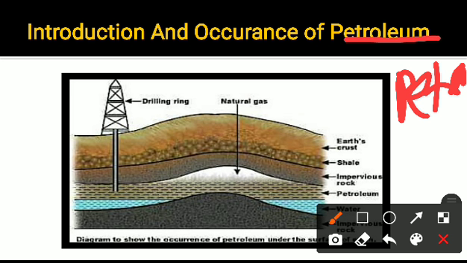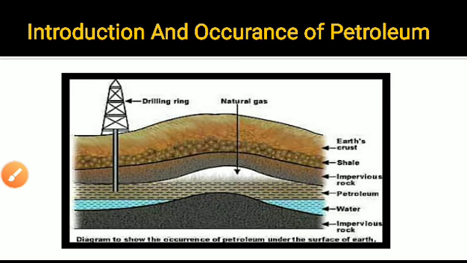That means petroleum is an oil obtained from a rock. Petroleum is a mixture of hydrocarbons, that is hydrogen and carbon, that is called a hydrocarbon. Petroleum is one of the important sources of power.